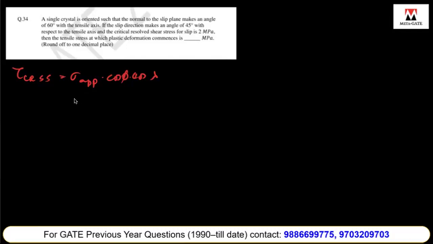So sigma applied equals 2 MPa divided by cos 60 times cos 45, which is equal to 5.65. The tensile stress at which the plastic deformation commences is approximately 5.7.